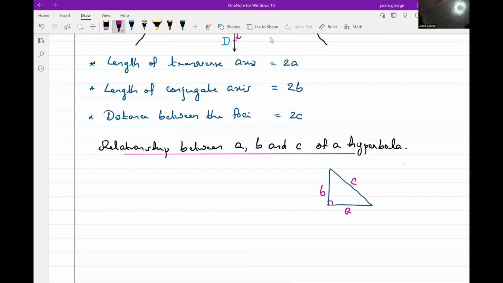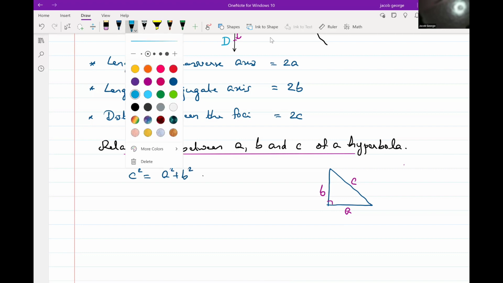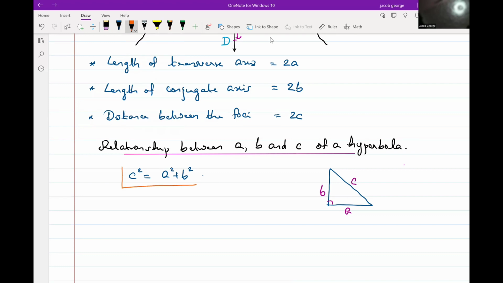So what is the relation connecting A, B, C in hyperbola? C square is equal to A square plus B square. It is the relation connecting A, B, C in a hyperbola. Please write: relationship between A, B, and C of a hyperbola. The relation is C square is equal to A square plus B square.